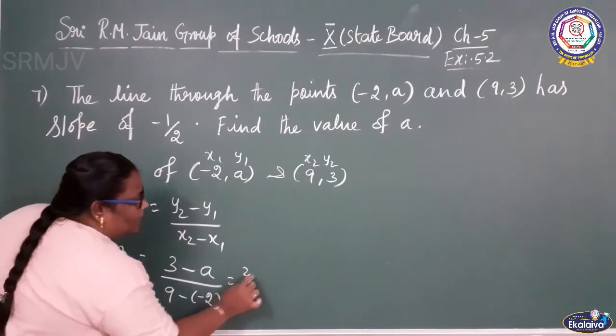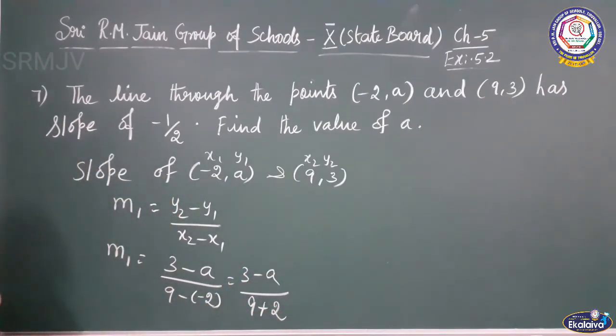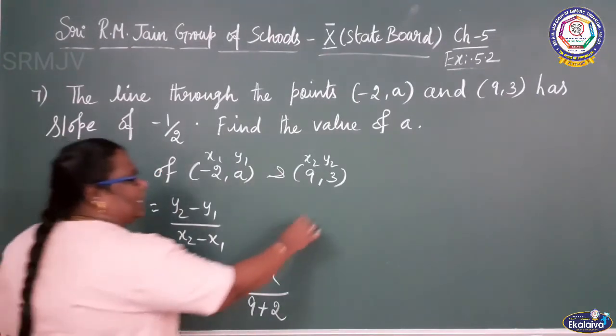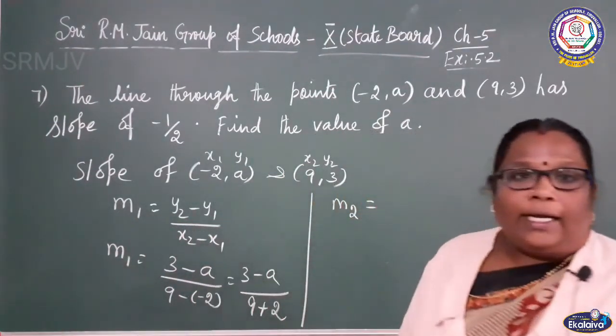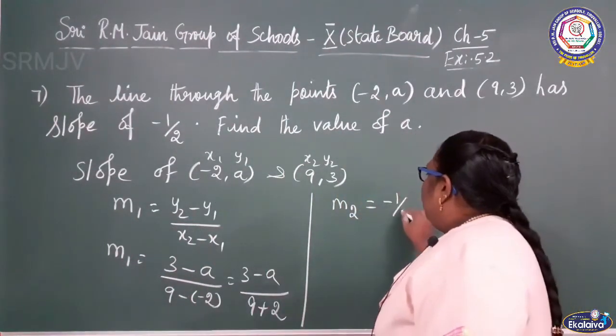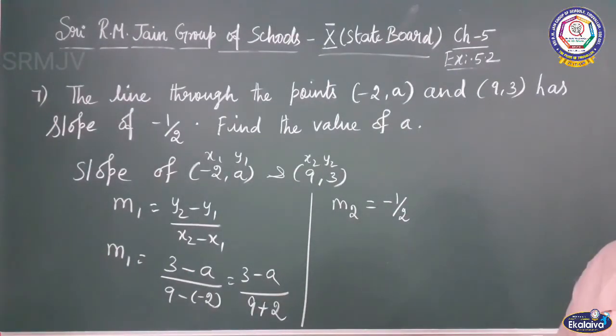It gives 3 minus A by 9 plus 2. Then the slope is already given as minus 1 by 2. You can take m2 equals minus 1 by 2.